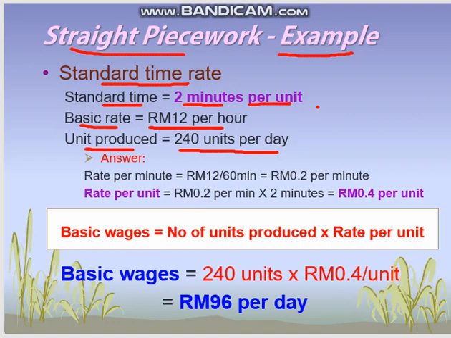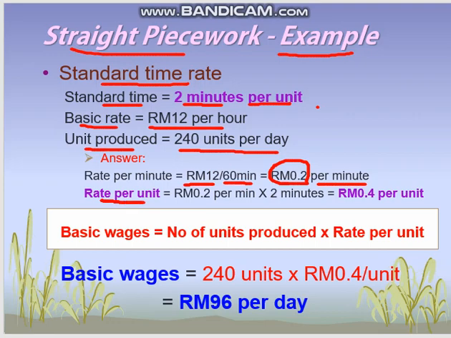What we have to do is calculate the rate per unit. How do we get the rate per unit? The rate per hour, we divide by 60 minutes, so we get 20 cents per minute. So for every 1 minute, you are going to get 20 cents, right?